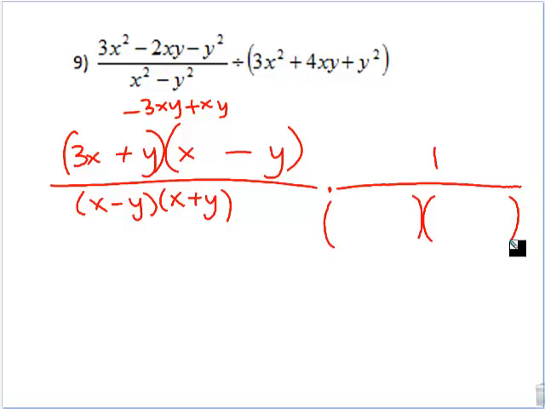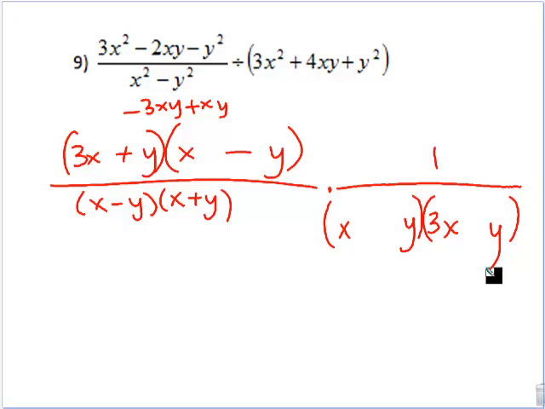Okay, and then we need to factor 3x squared plus 4xy plus y squared. So our first term is a 3x squared. So what do my first terms have to be? Yep, x and 3x. Our last term is a y squared, so what do the two last terms have to be? Y and y.